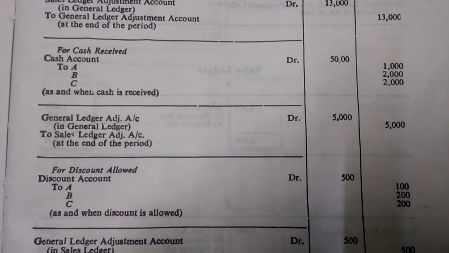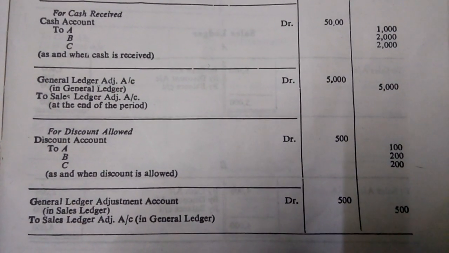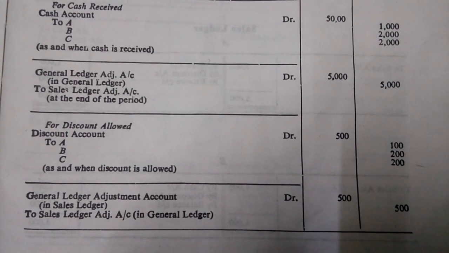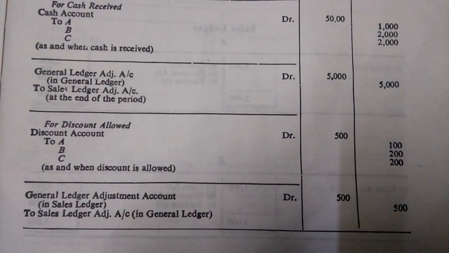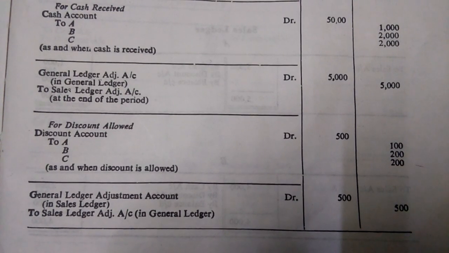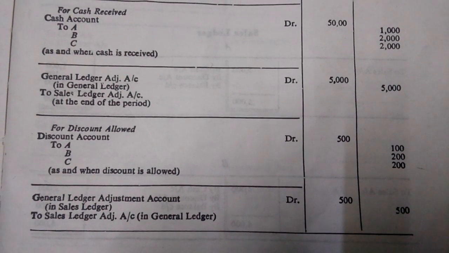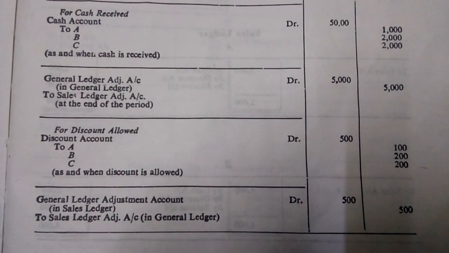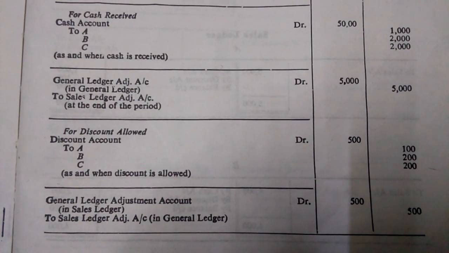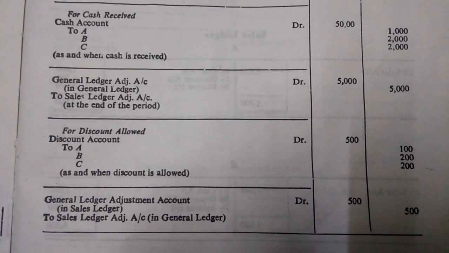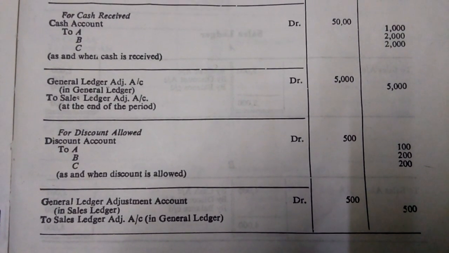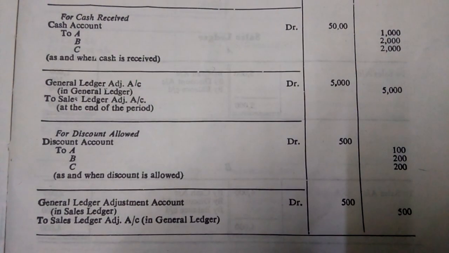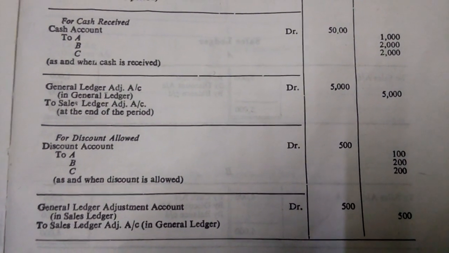For discount allowed, discount account debtor to A account, B account, C account, total discount 500, each 100, 200, 200, as and when discount is allowed. For the self balancing system, general ledger adjustment account debtor to sales ledger adjustment account 500.